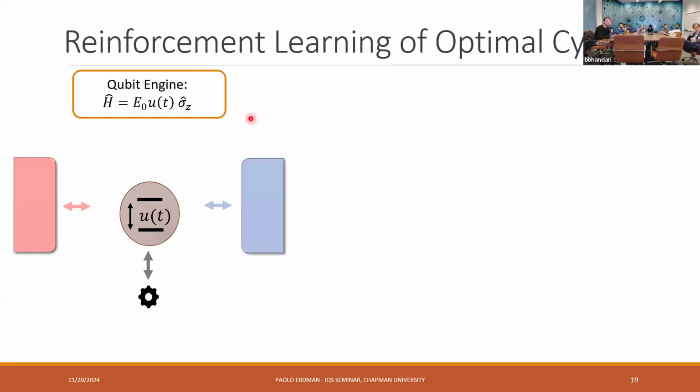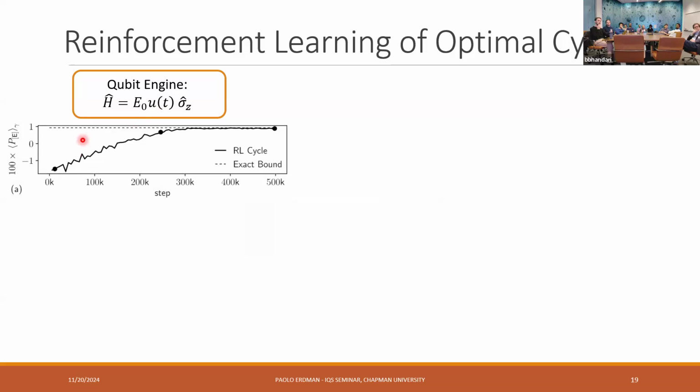So we applied this idea first to the simplest possible model of a heat engine. We consider a two-level system, and our control is simply the level splitting of this qubit. And this is what we found. Here we're plotting the average power extracted from the system as a function of the training step. A step here would be one dt evolution, just a very short time step.